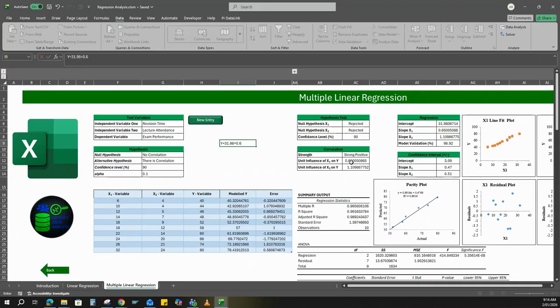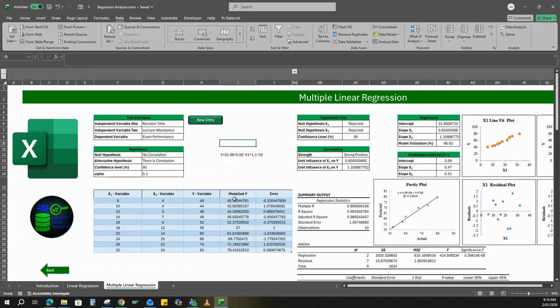So 0.65 multiplied by the variable 1, which is x1, plus the coefficient of variable 2, which is 1.1 here, multiplied by the variable itself, x2. So this is the multiple linear regression equation.